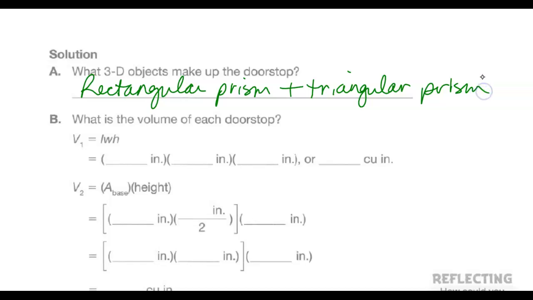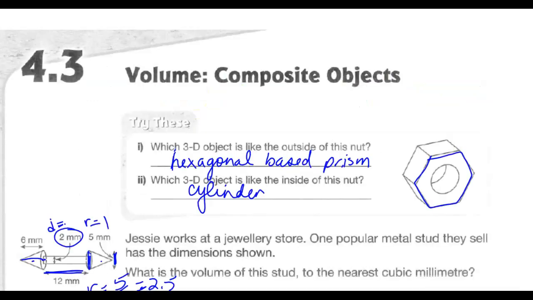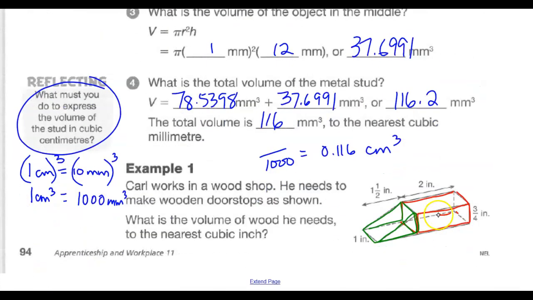Okay, and so then what is the volume of each doorstop? Well, of each part of the doorstop. So length times width times height, that's for the rectangular prism. So we need to look back at it. So we've got a length of 2 inches, a width of 1 inch here.